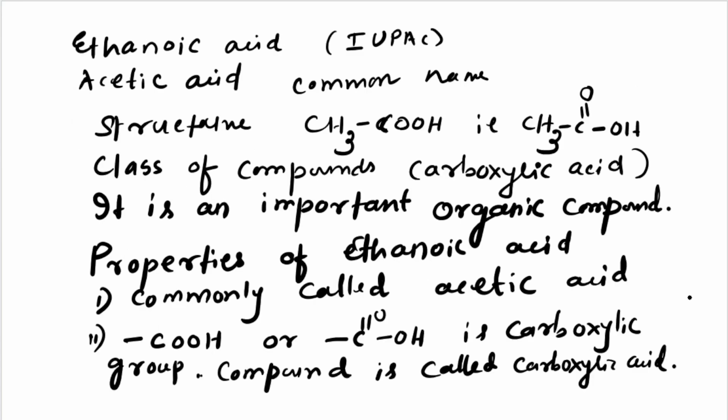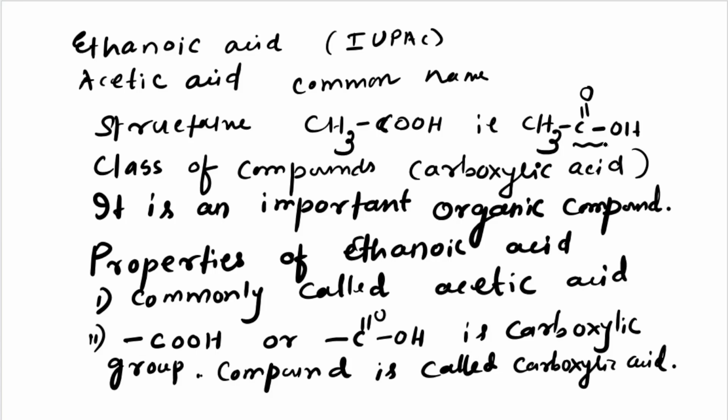Then we will go to ethanoic acid. Ethanoic acid is the IUPAC name, and acetic acid is the common name. The structure is CH3COOH, or you can write CH3C double bond OH. That means you can observe here carbon has 4 valency, how it is satisfied.